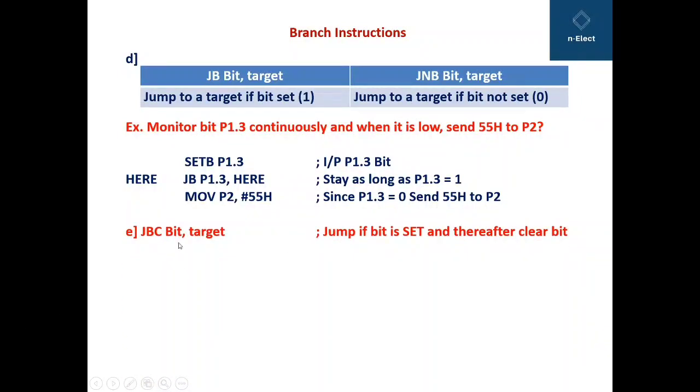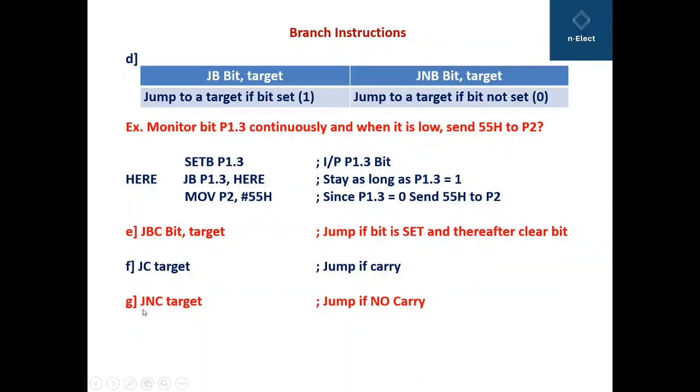Then JBC bit target. The meaning is jump if bit is set and thereafter clear the bit. Then jump if carry. Where to jump? Jump to the target address. So jump to the target address if the carry is generated.